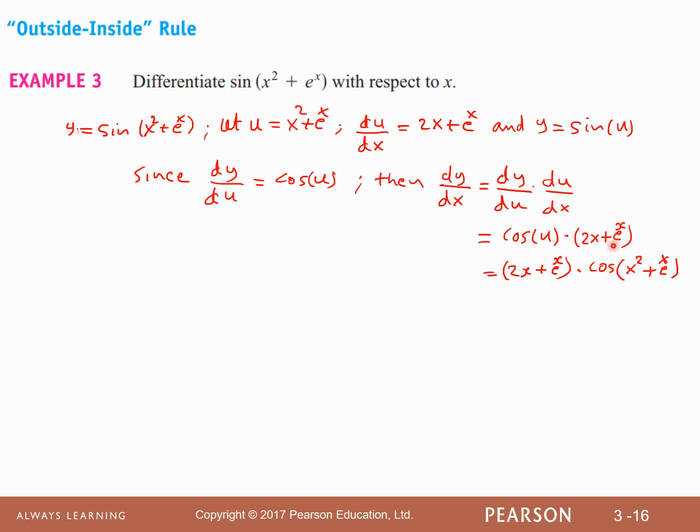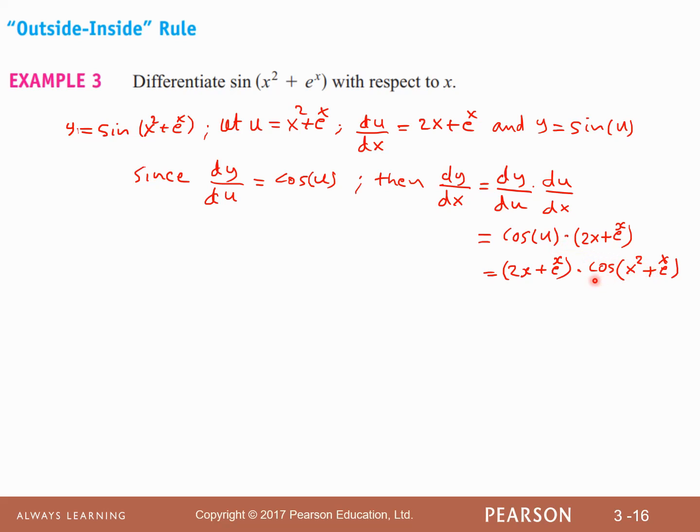Now we have to reset back the value of the argument of the cosine. From u we put the equal. What is equal? U is equal to x squared plus e to the x. So we just go ahead and replace u in the cosine by x squared plus e to the x.